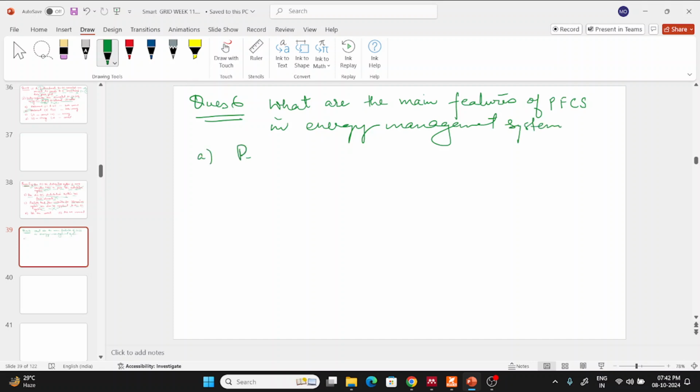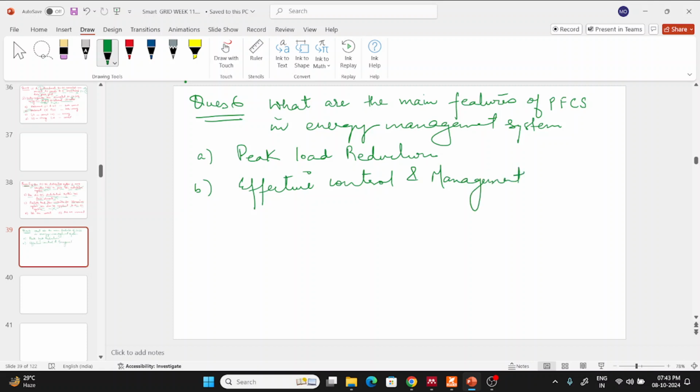First option, peak load reduction, B. Effective control and management, C. Increase in the lifespan of energy storage system, D. All of the above.